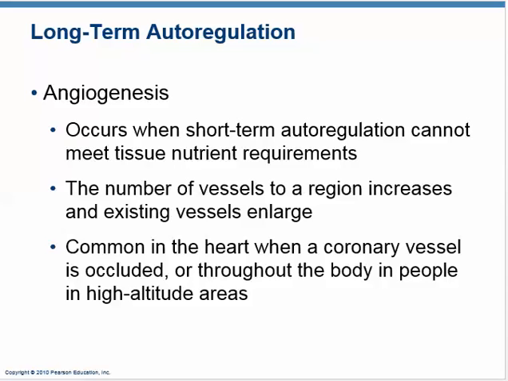Long-term autoregulation, so that's on the short term. The long term really is making new blood vessels. So when you can't meet the requirements of the tissue, then what you do is you just make new blood vessels so that you can meet the requirements.